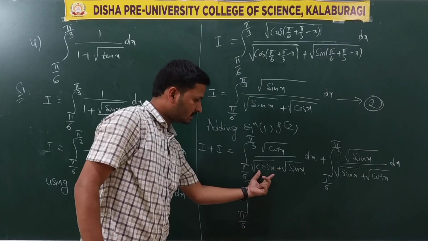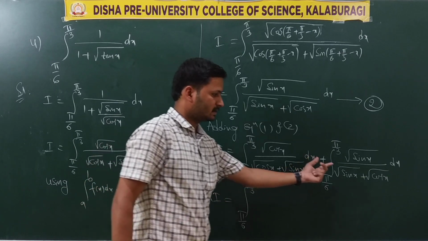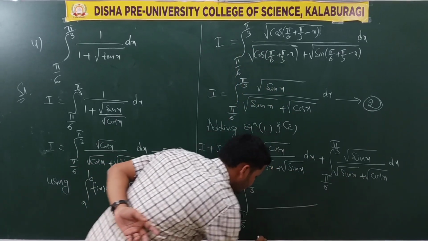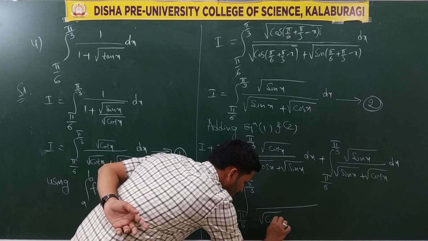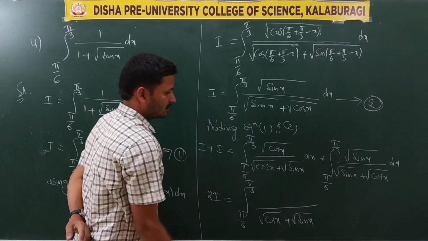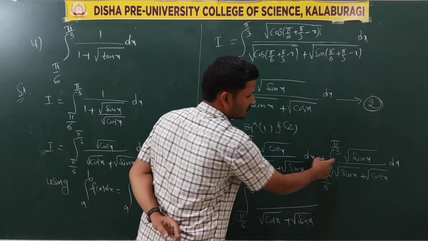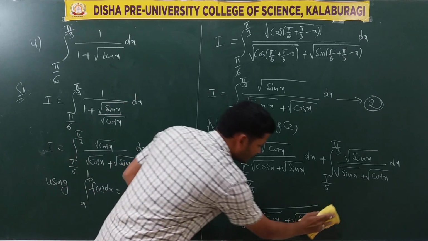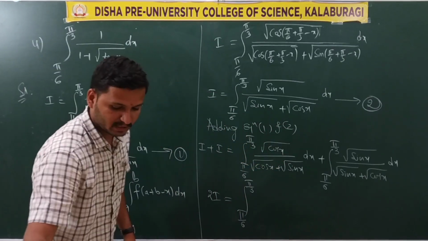See here, what will the LCM be? Root cos x plus root sin x. Here also root cos x plus root sin x. So the LCM is root of cos x plus root of sin x. Or first write this individually.